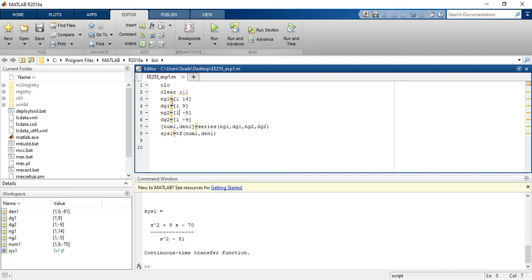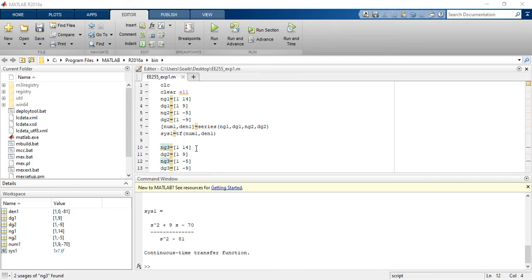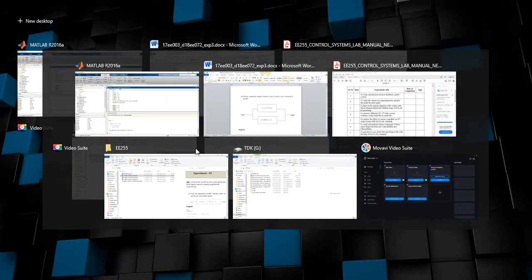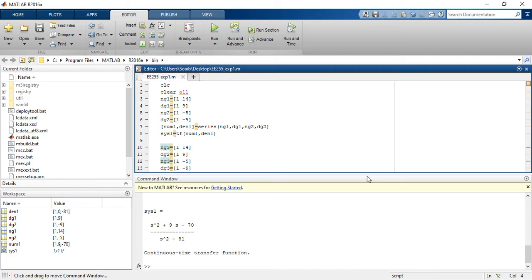So what I will do, I will again take this, and I will rename this as ng3. It will be dg3, it will be dg4. What are the values?